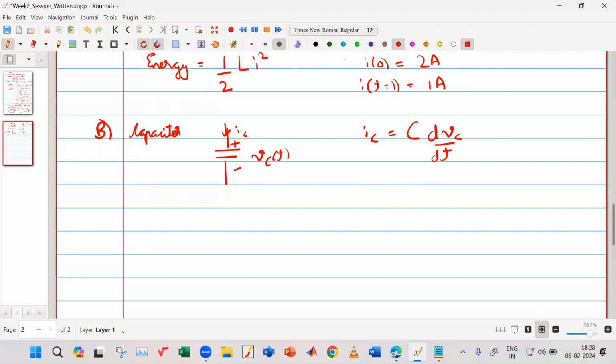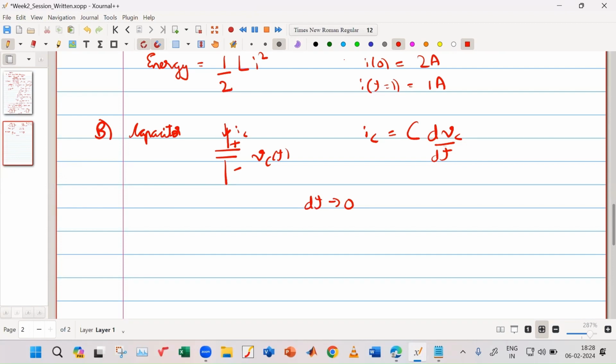If you see this equation, it has dv with respect to time, dv by dt. This is a differential equation, right? If you want a change in the voltage in a very small duration, like instantaneously, then your dt will tend to 0.